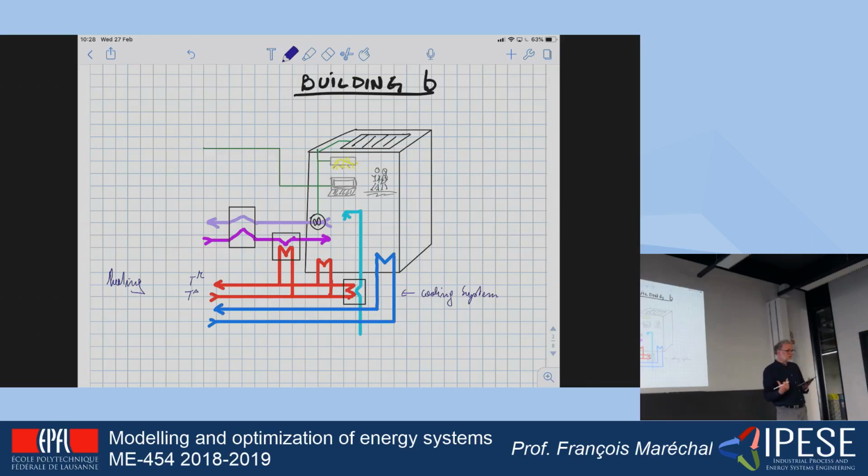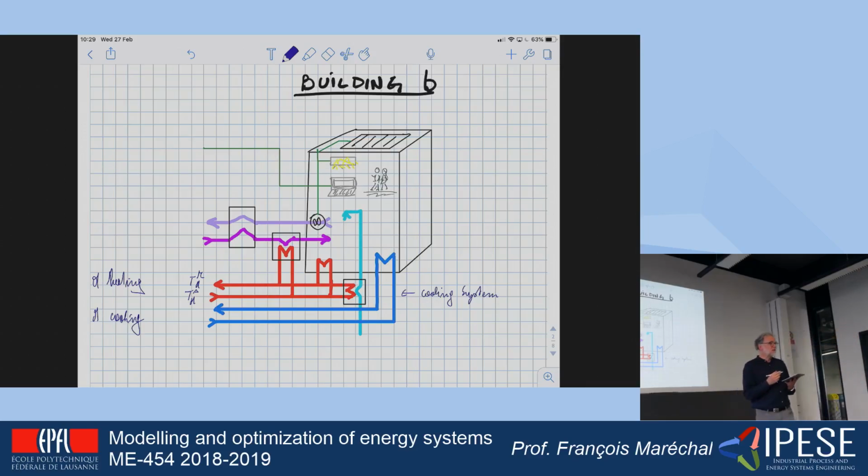And this is for the distribution system D. Okay? So it means that now I have D being the heating, another D will be the cooling. So we'll have a collection of distribution systems connected. Now I have to see how the heat that is distributed is used in the building.